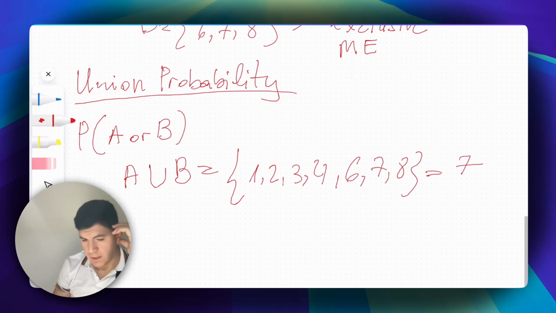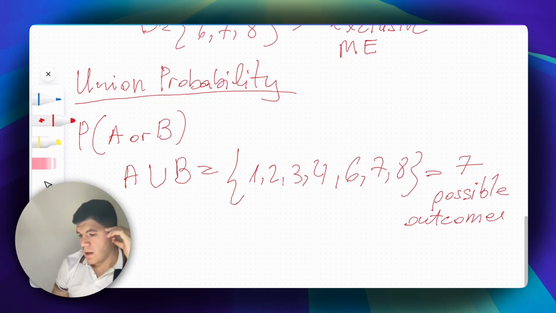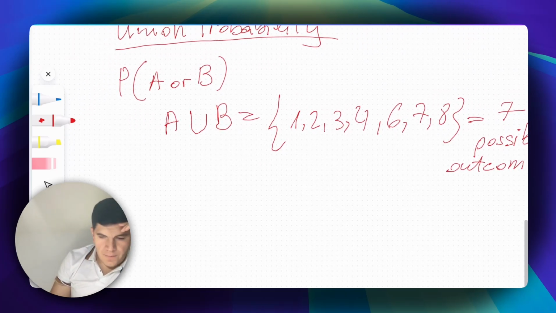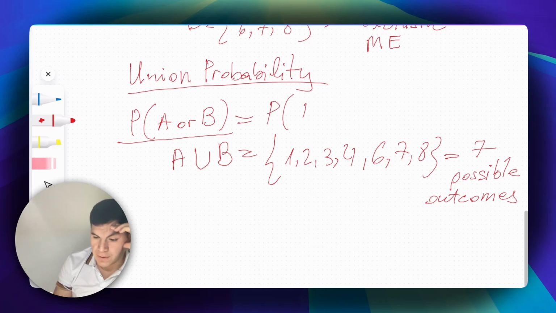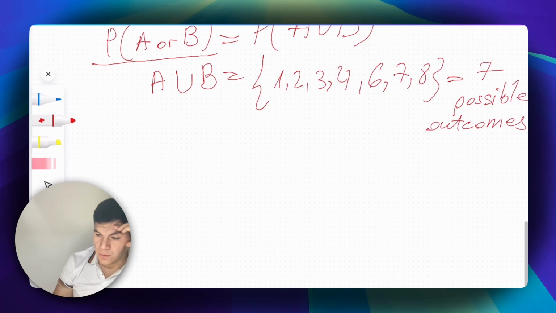So we have seven possible outcomes out of 9. Okay, and so the probability of event A or B happening is equal to the probability of event A union with B. Okay, I will show you why.